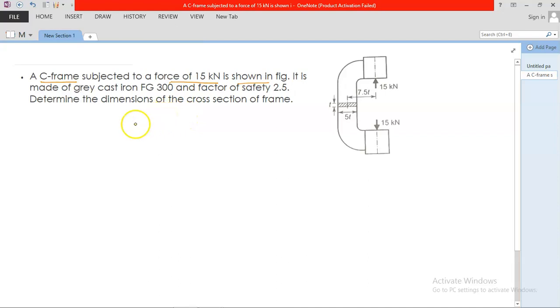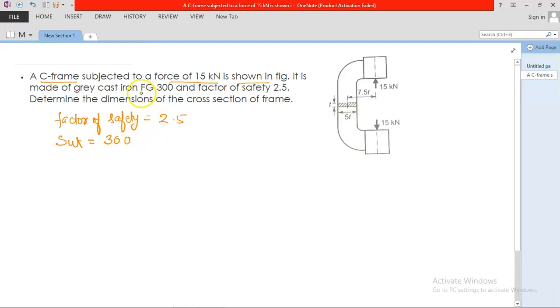So from this question, first of all, let us write what we have been given. The factor of safety is 2.5. The ultimate tensile strength SUT is given as 300.